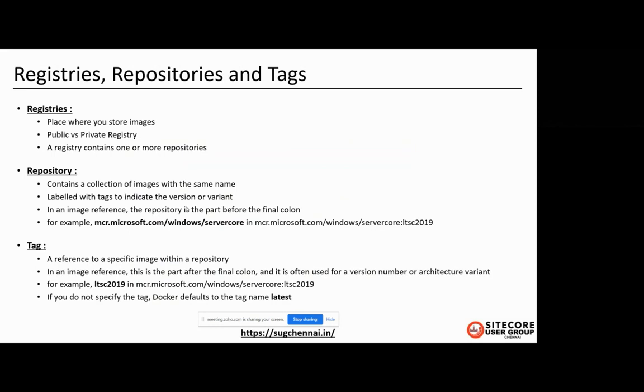If you look at this image reference, mcr.microsoft.com/windows/servercore is the registry and repository name, which is always before the final colon. A tag is a reference to a specific image within the repository. In an image reference, this is the part after the final colon, and it is often used for the version number.